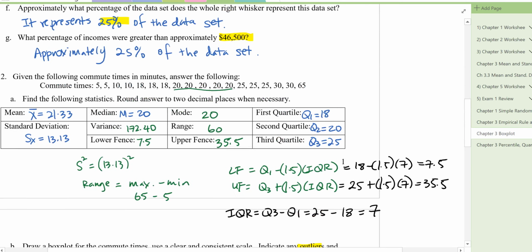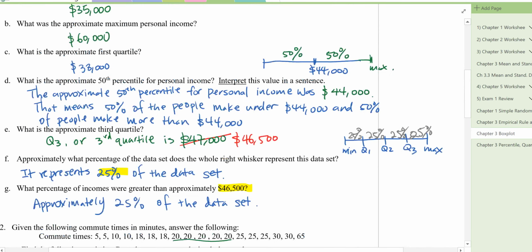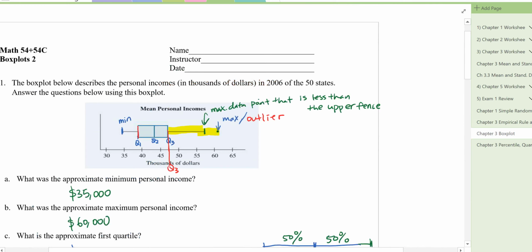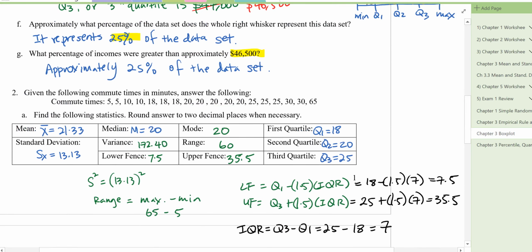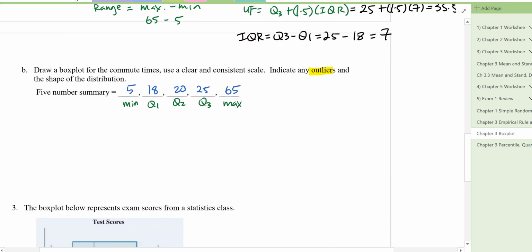So let me point it out in the data set. I have my original data set right here. So the outliers are my 65, and any number that's less than my lower fence, which is 7.5. So 5 and 65 are outliers. So outliers, write it out: 5 and 65.